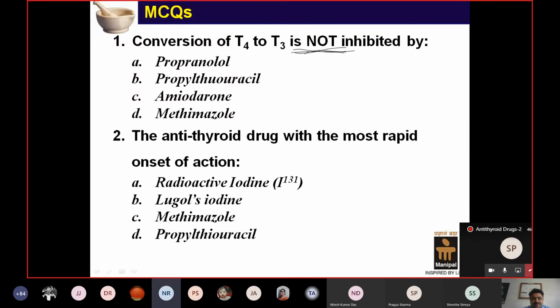It contains iodine, potassium iodide. Radioactive iodine, how much time does it take? It could peak in 2 to 3 months. Methimazole takes about 1 to 3 weeks. Propylthiouracil, 1 to 3 weeks.